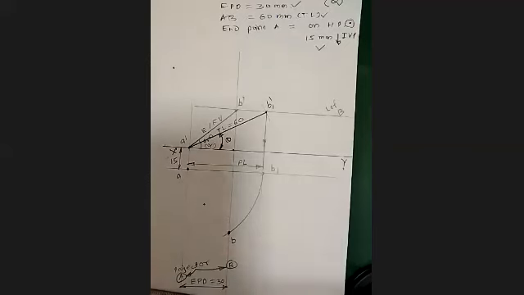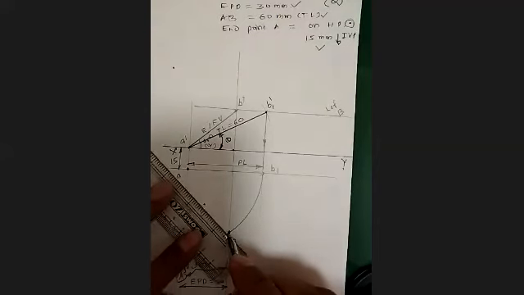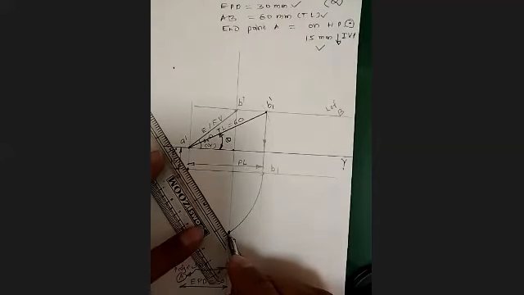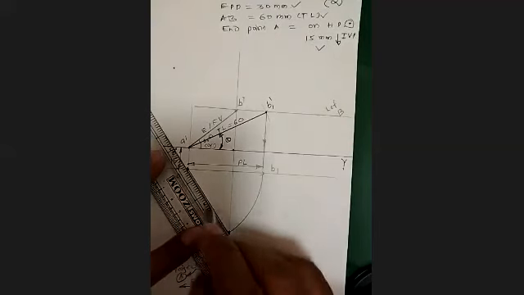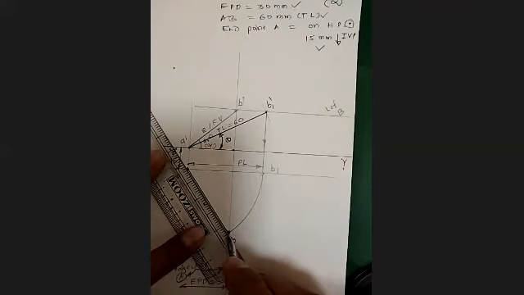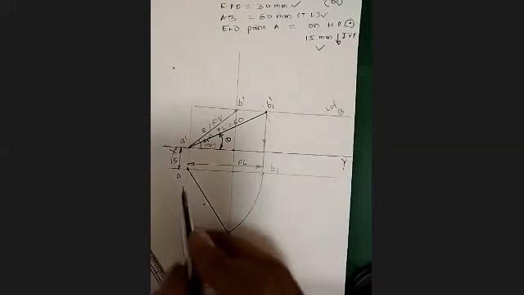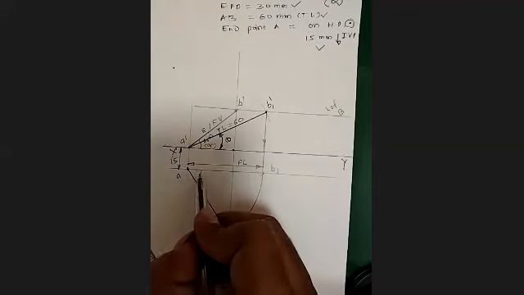Now you can join this point B with A, right? B with A. Now tell me, what will be this angle? Phi or beta?